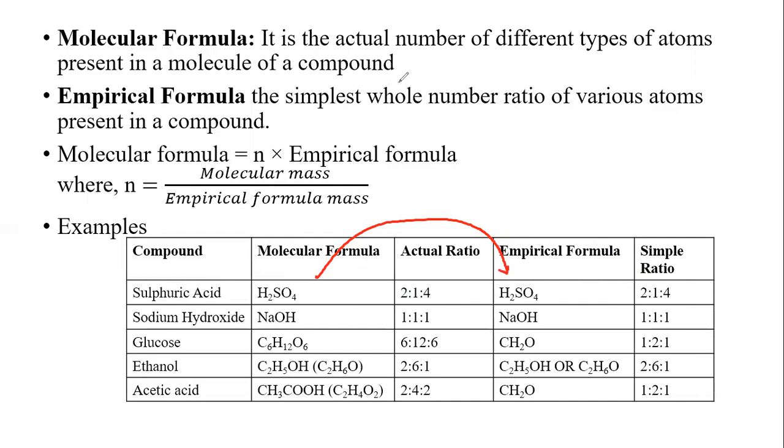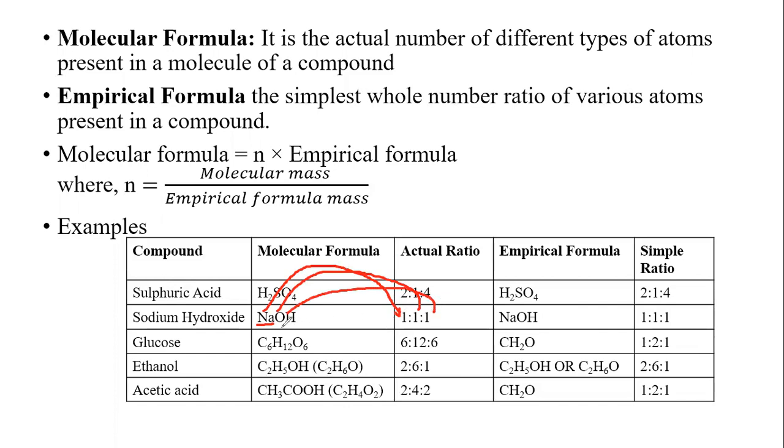Similarly, in the case of sodium hydroxide, the ratio of all the elements: the number of atoms of sodium in sodium hydroxide is 1, that of oxygen is also 1, and that of hydrogen is also 1.